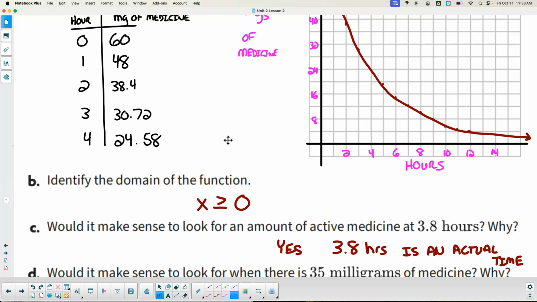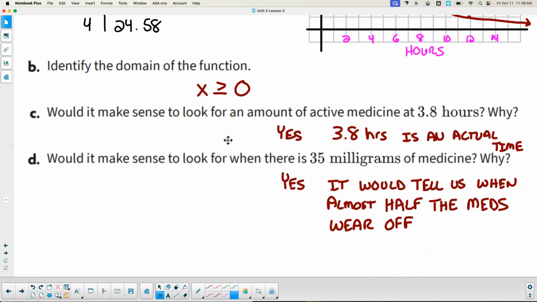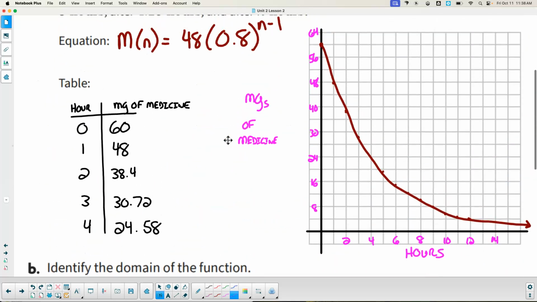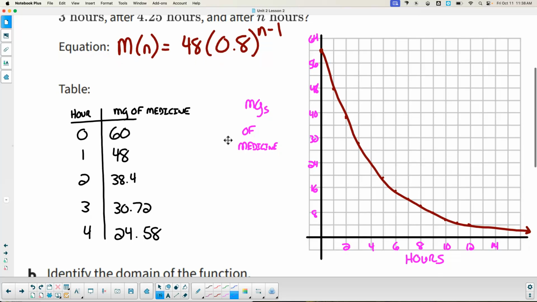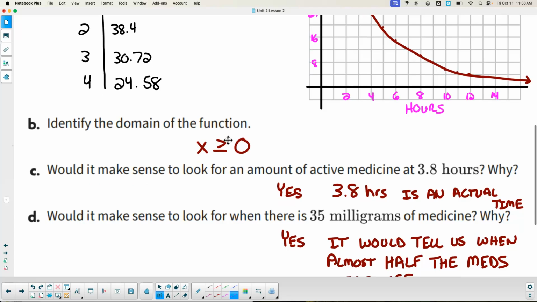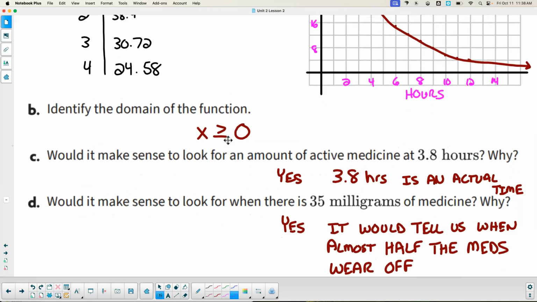Would it make sense to know when there's 35 milligrams of medicine left? Yes, it would, because that's going to tell us when almost half the meds have worn off. Okay? So in this particular case, this is a continuous graph, a continuous situation, and so therefore we have differences in our domains and what we can look for and what we can get.